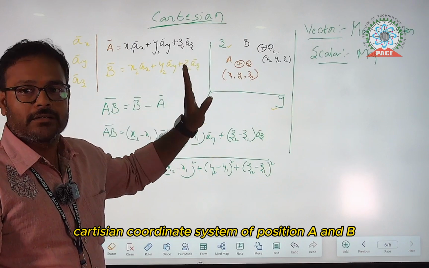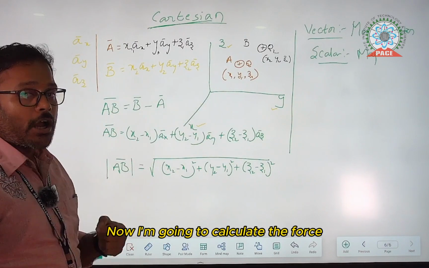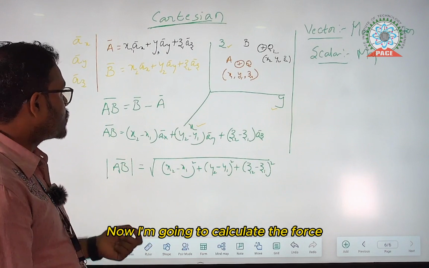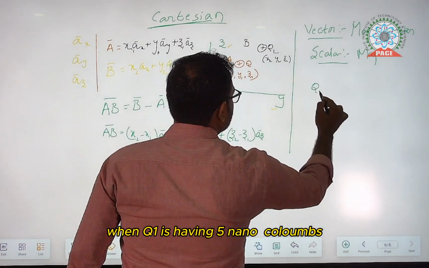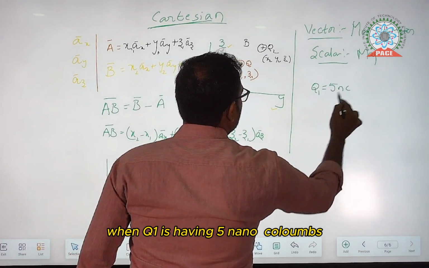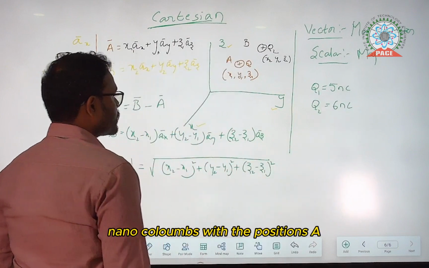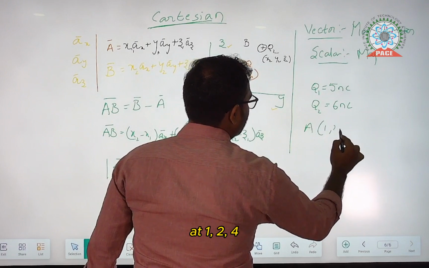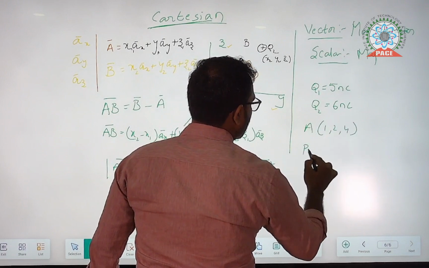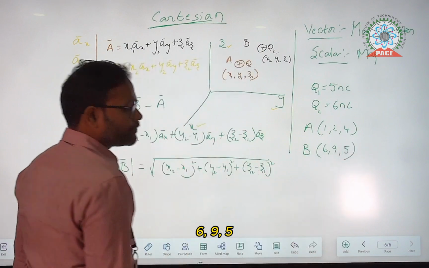This is the concept of calculating the magnitude between two positions located in the Cartesian coordinate system. By using these calculations, now I am going to calculate the force between two charges, where Q1 is 5 nanocoulombs and Q2 is 6 nanocoulombs, with position A at 1, 2, 4 and position B at 6, 5, 9.